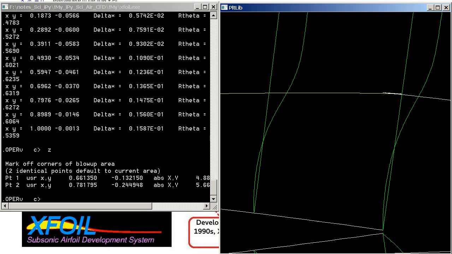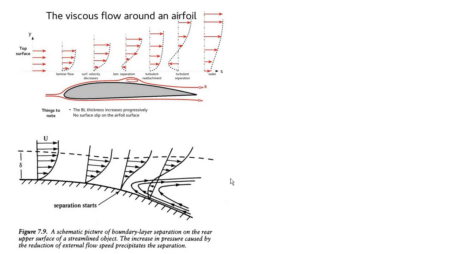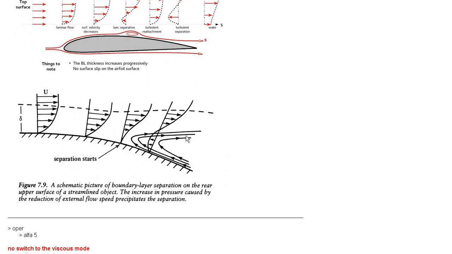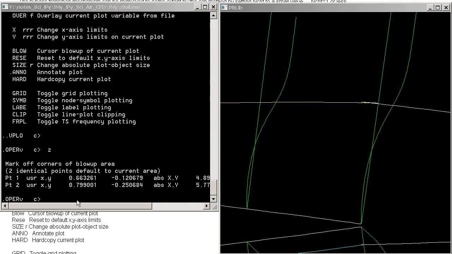If you look at the textbook graphs, this is what is expected in real life. So the formation of vortices and the circulation of air happens on the surface of the airfoil. XFOIL is fun to play with for those boundary layers and to see what happens on the surface.